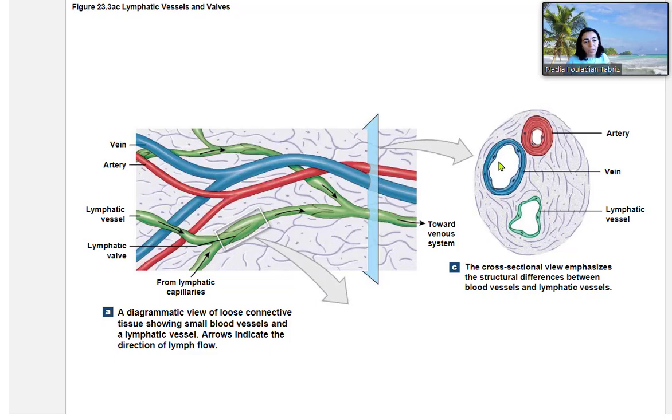But due to the thinness of the wall of the vein, at the moment that there is no blood or not much passing through the vein, it will collapse compared to the artery that keeps its shape because of the thickness of the wall, and especially in the arteries that have elastic fiber. Right.